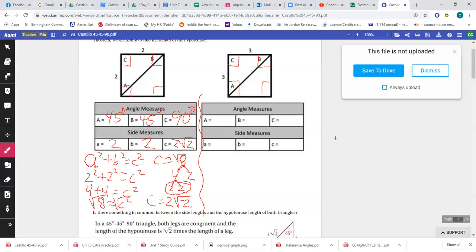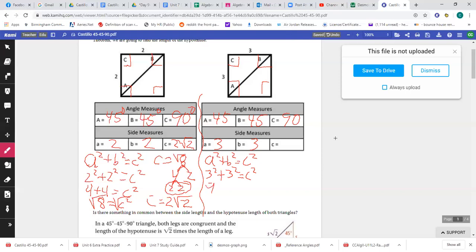So here, once again, I have a 45, 45, 90. And so this is 3, and this is 3, and we're going to find our last side. So I'm going to go ahead and use Pythagorean theorem again. And I'll get 3 squared plus 3 squared is equal to c squared.